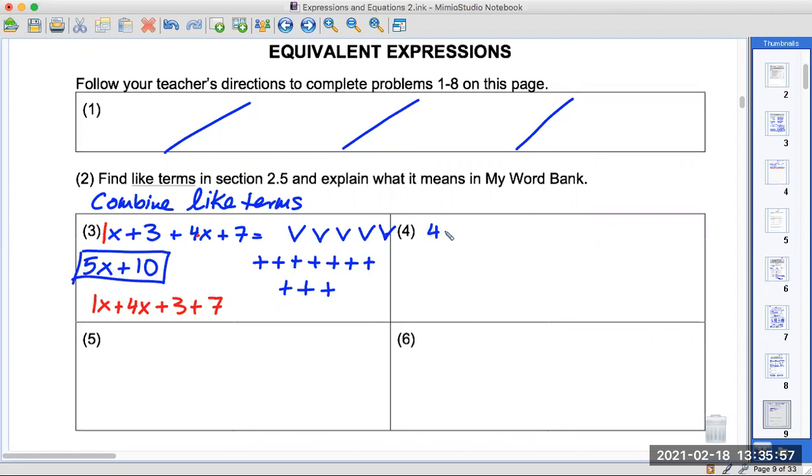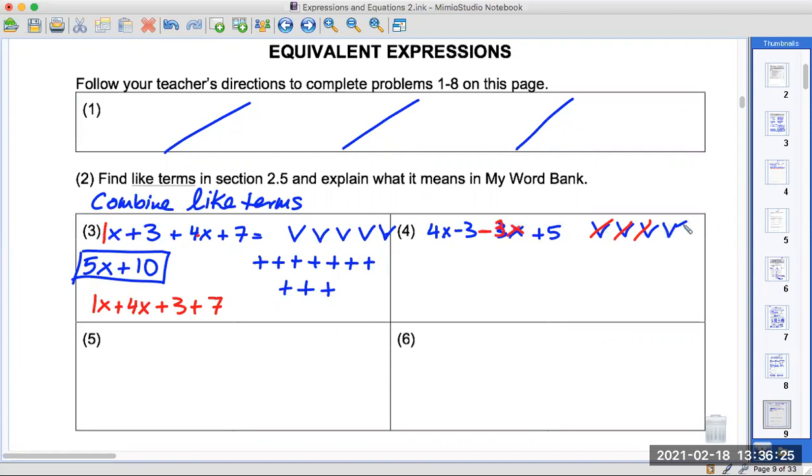Next one, 4x minus 3 minus 3x plus 5. Let's do cups. I have 4 symbols, 4 cups. But then I'm taking away 3 cups. So when you subtract 3 cups, you're not adding more. You're going to take away 3, right? Minus 3x. Cross them out.